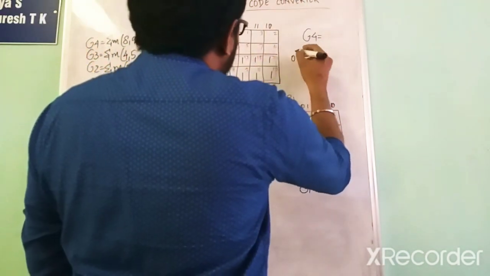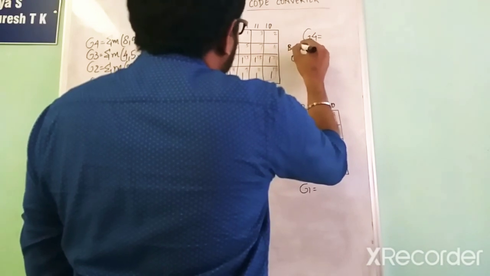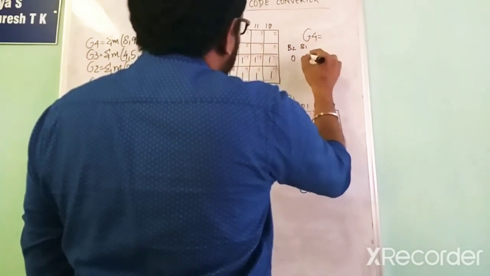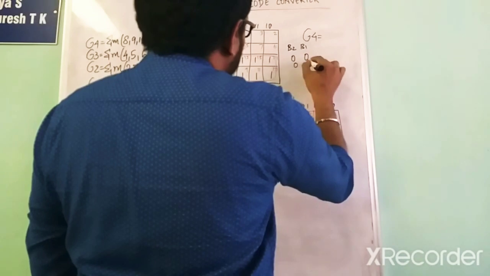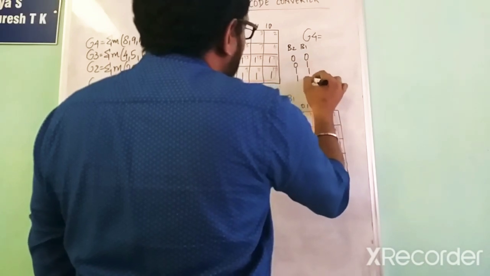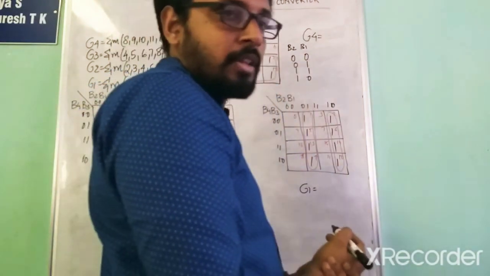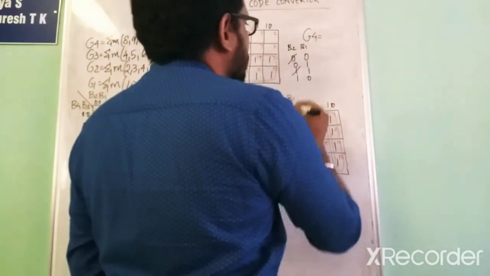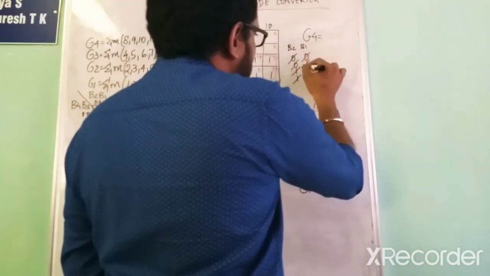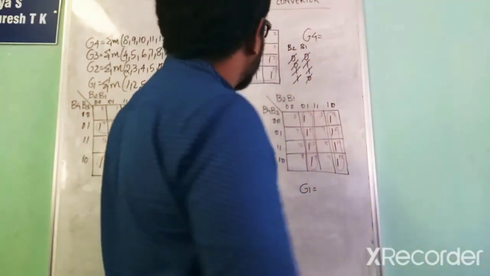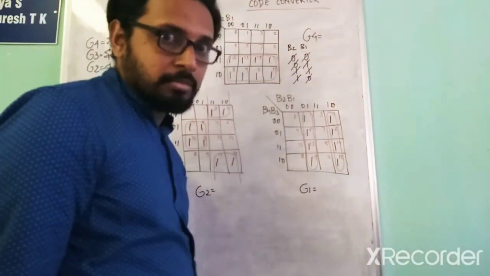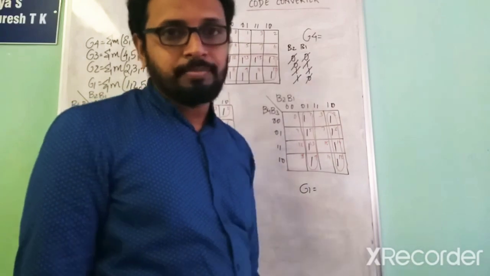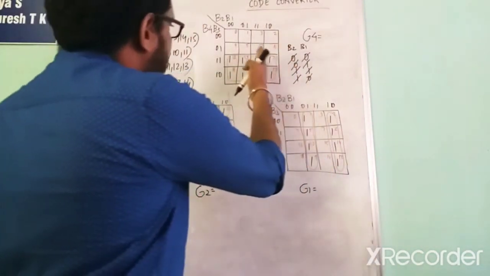We have B2 and B1 values 0 0, 0 1, 1 1 and 1 0, right? What you do is cancel this and this, this and this, this and this, so there will not be any B2 and B1 terms. Easiest method.